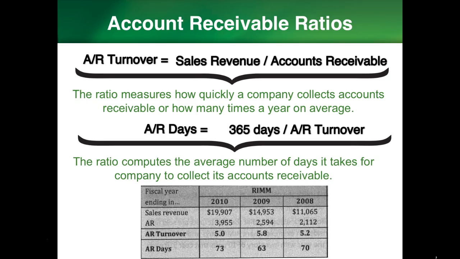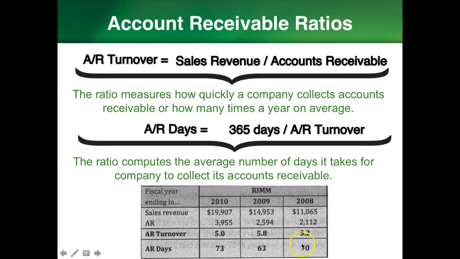Accounts receivable days equals 365 days in the year divided by the accounts receivable turnover ratio. The ratio computes the average number of days it takes for a company to collect its accounts receivable. This relationship tends to be easier to understand.